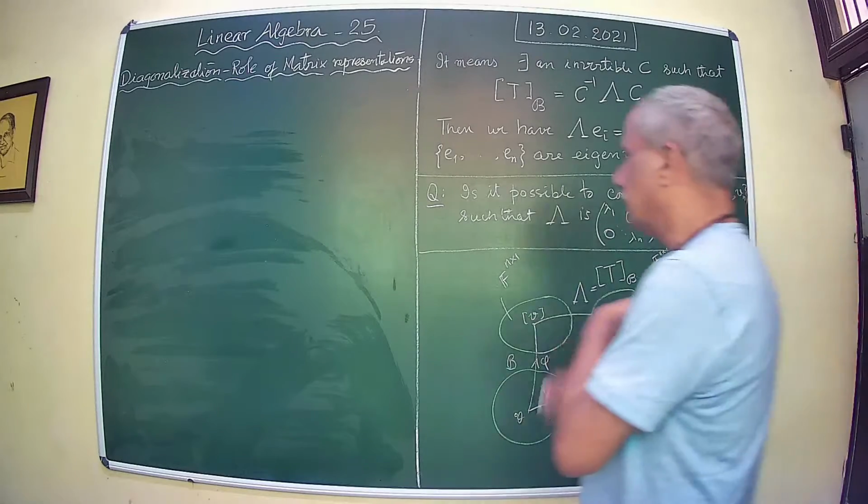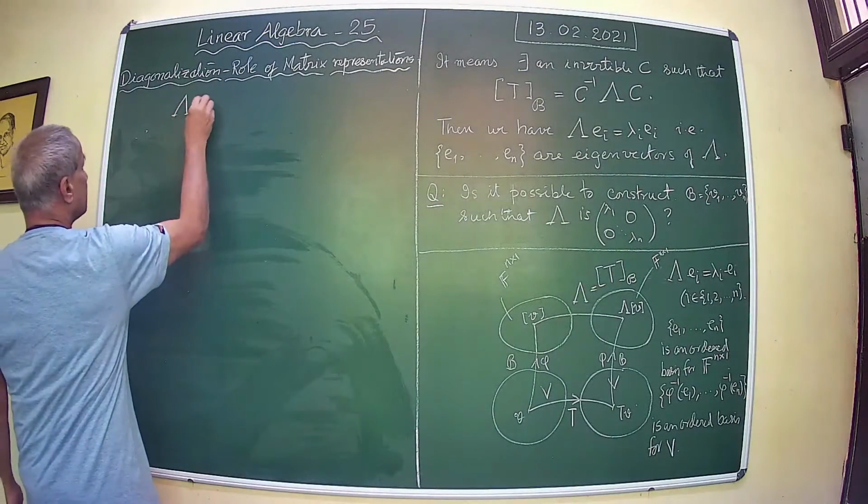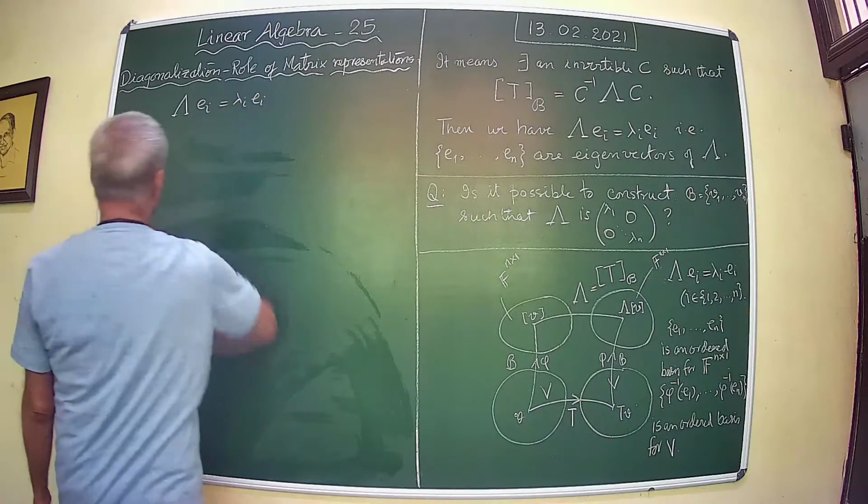Now you see that lambda Ei we have here.